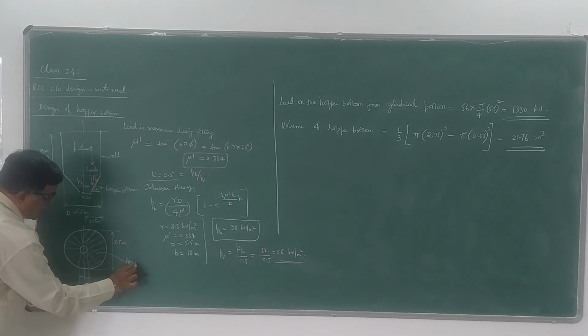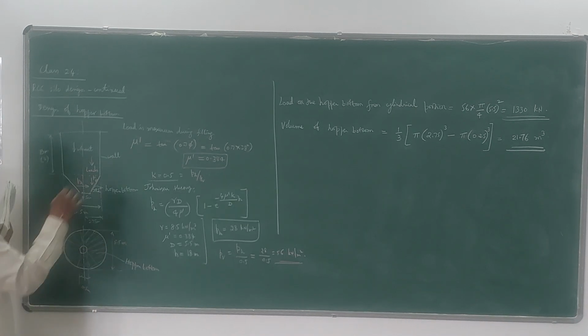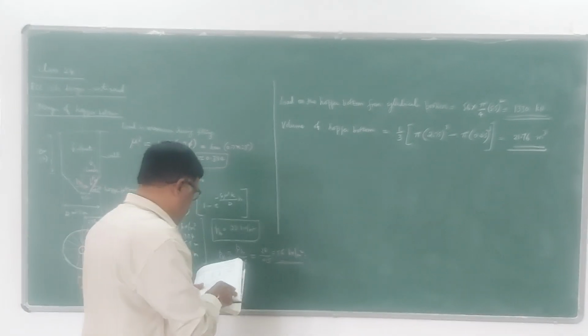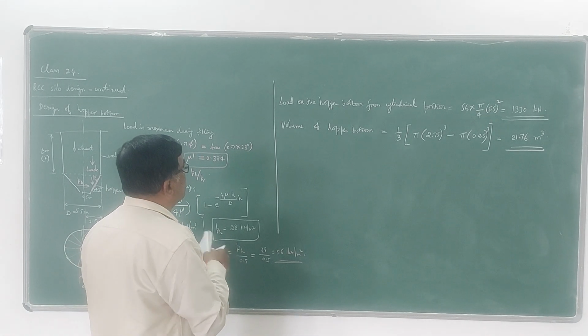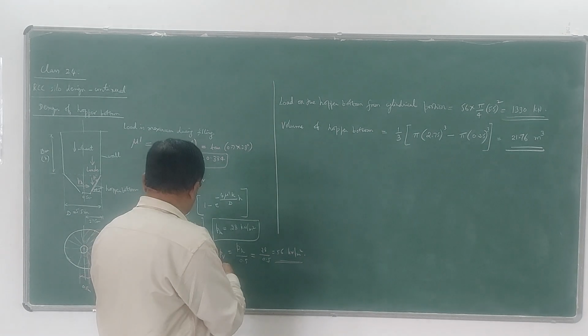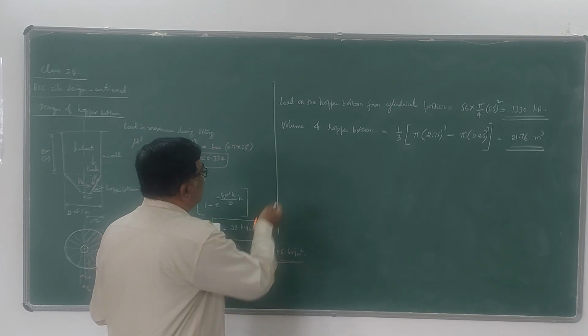Whatever load is acting on this one side upper bottom portion, we are going to calculate. So how are we going to calculate? We know the volume now. When the volume is multiplied by the density, you will get the weight of wheat in the upper bottom portion.